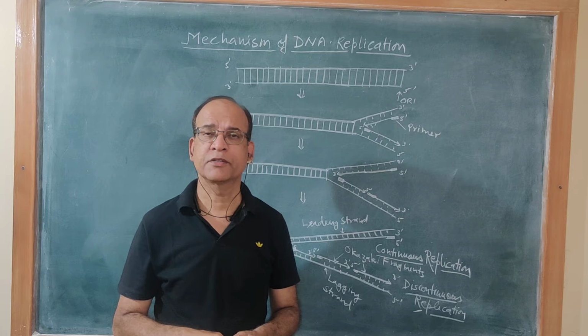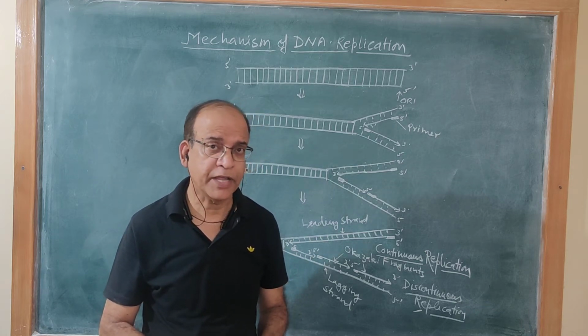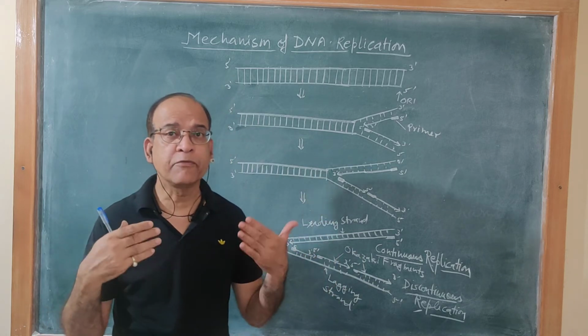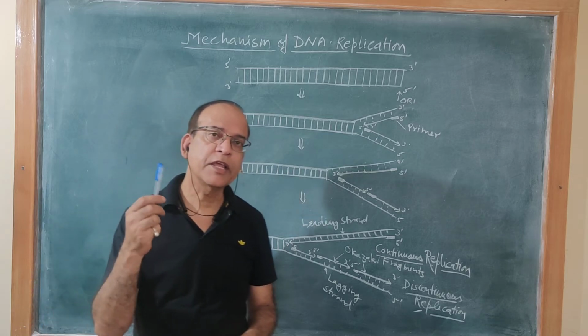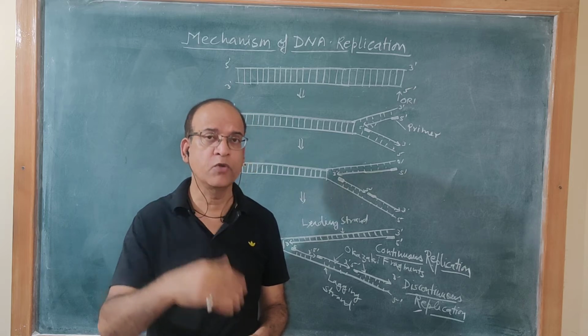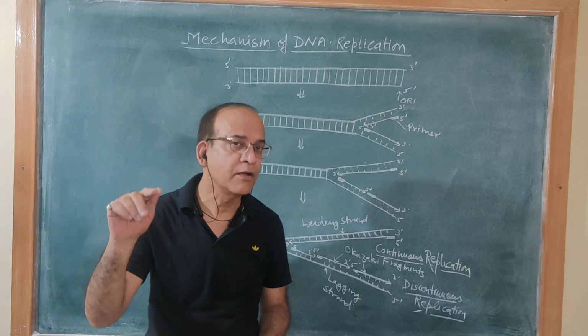In prokaryotes, there is only one ORI, but in eukaryotes, there may be more than one ORI. So even in a single DNA, replication in eukaryotes can start at several places.